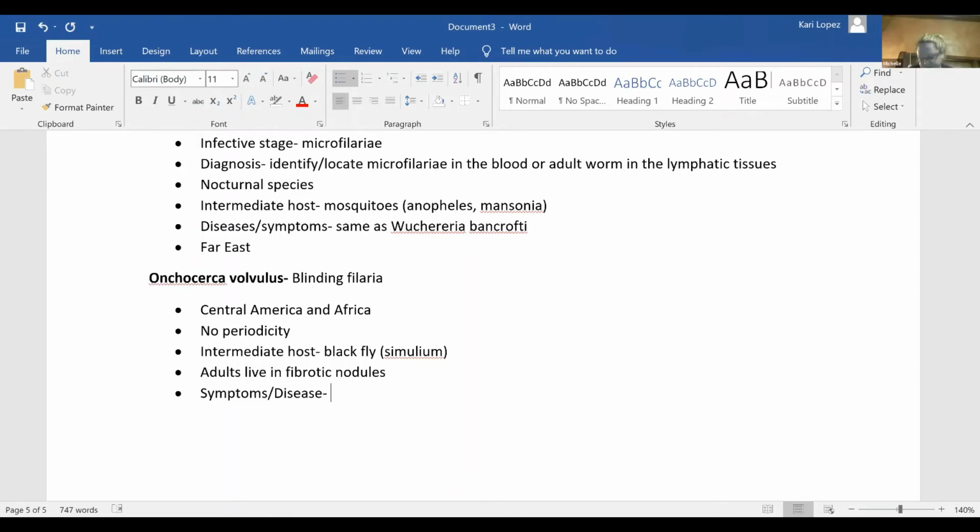Yeah, you surgically remove these. So it's chronic and non-fatal. Allergy can cause local symptoms and may cause blindness.